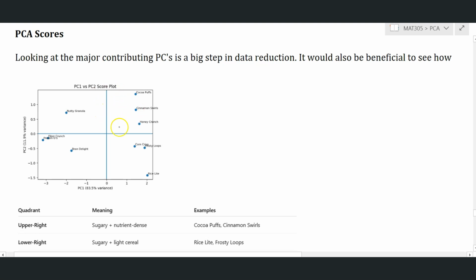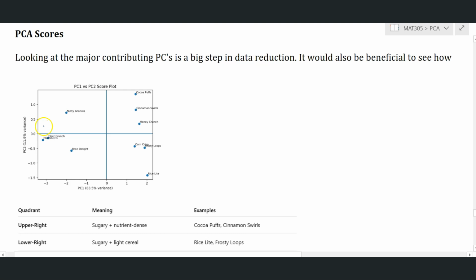And so we now have a 2-dimensional plot of our data where each point on this plot represents one cereal, and its location in this 2-dimensional space indicates what its score is on PC1 and what its score is on PC2.